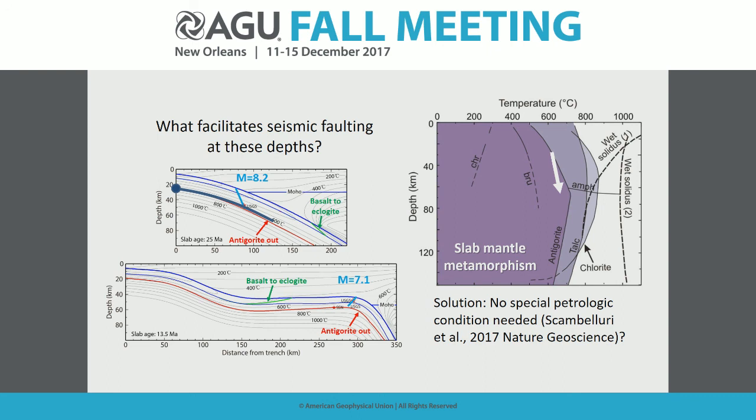If no special condition is required, we don't need the rupture to be confined in a certain dehydration range. Maybe there's more freedom for the rupture to grow in the vertical dimension and horizontally, if there's a smoother structure and a pre-existing fault to allow that kind of rupture to happen. This is a good question, but I don't really know the answer.